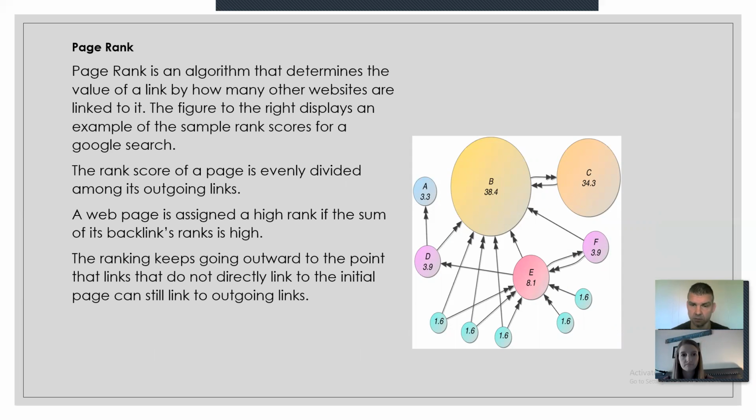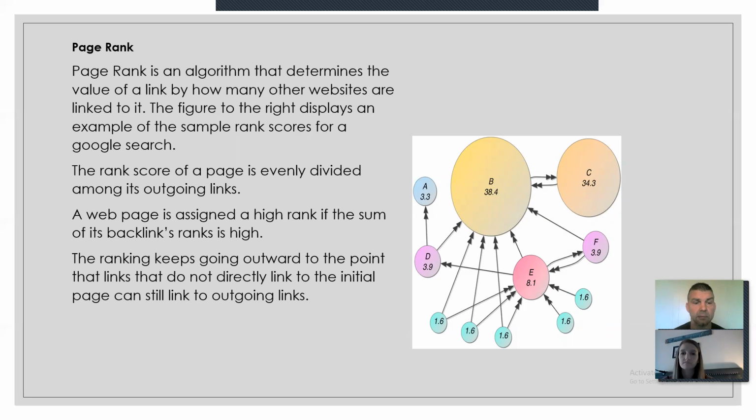We can see this in the right-hand figure, where node B has a very high score because it has a lot of backlinks associated with it, whereas A has a very low one, and of course all the blue on the bottom that's associated with E has very low as well. E has the second highest because it has the next largest amount of backlinks.